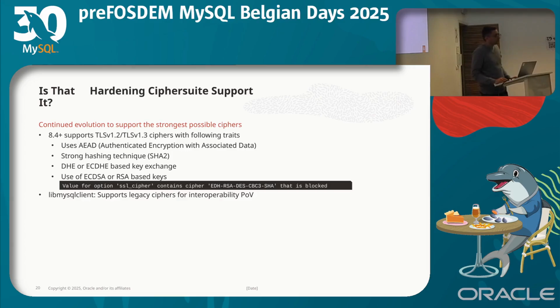You may have to check the documentation. Many things will not work because we now only use AEAD ciphers, which is GCM or CCM, only with the SHA-2 family of digests. So you may have some surprises if you are using, for example, Camellia or SHA-1 based ciphers.